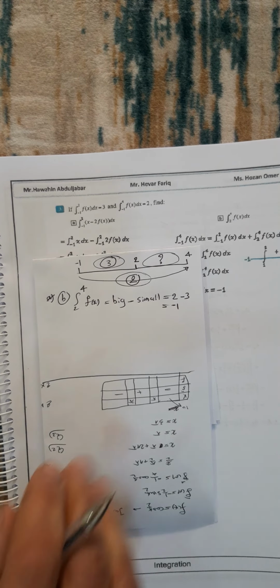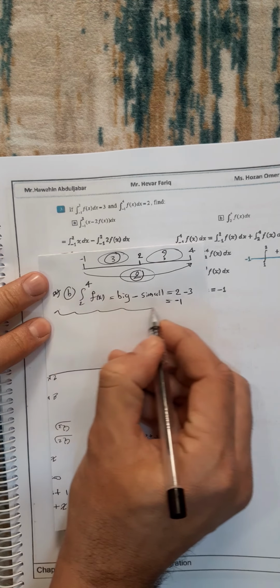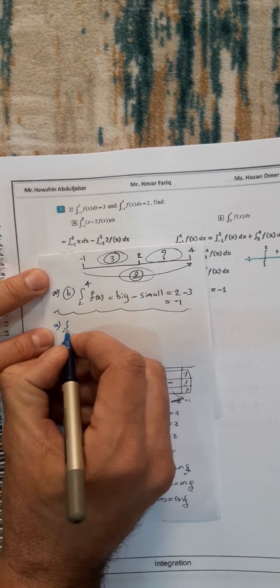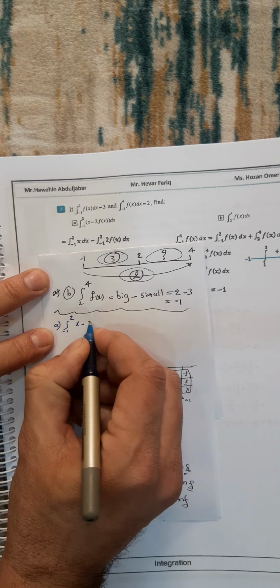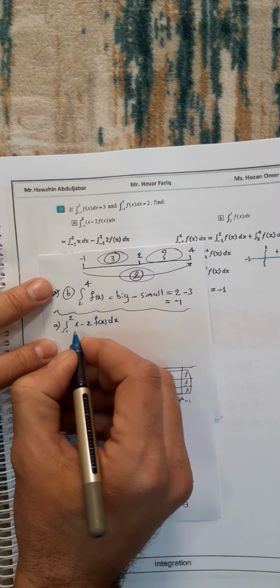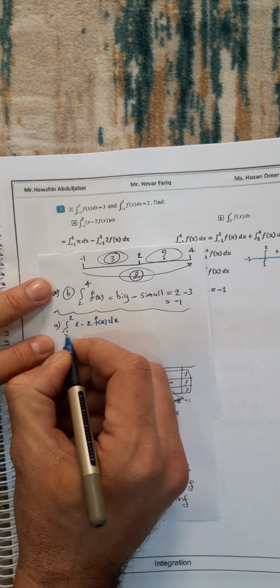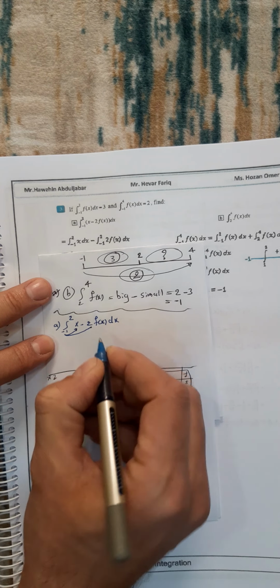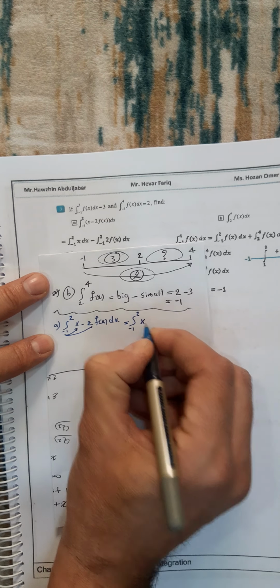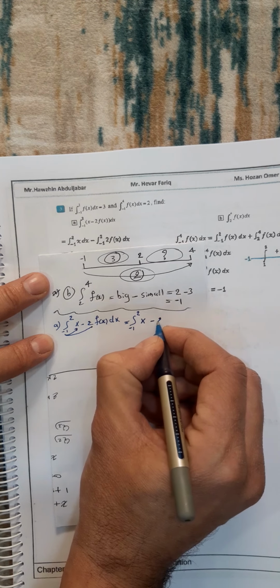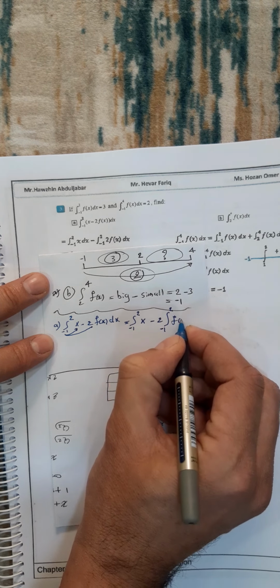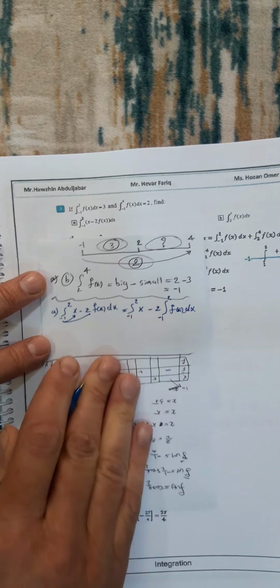Now part A: the integral from negative 1 to 2 of (x minus 2 f of x) dx. We can split the integral into the first and second terms, so it's the integral from negative 1 to 2 of x, minus 2 times the integral from negative 1 to 2 of f of x dx.